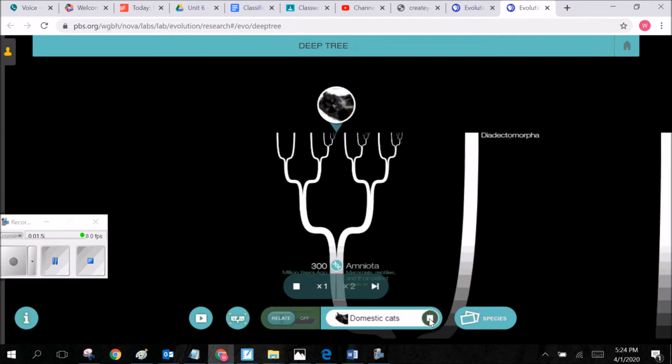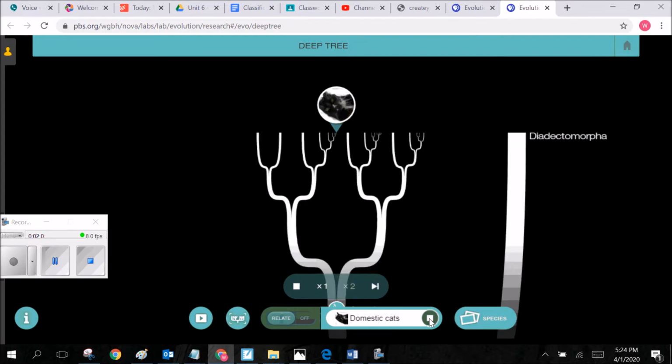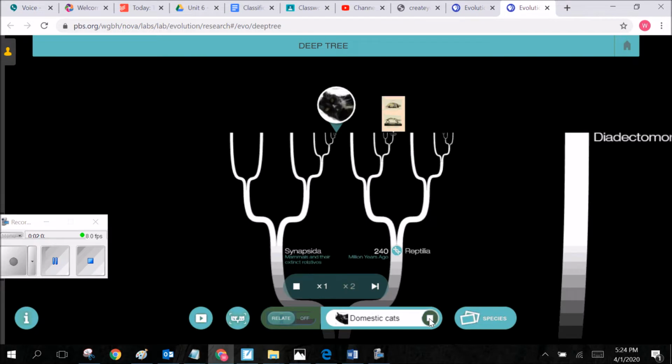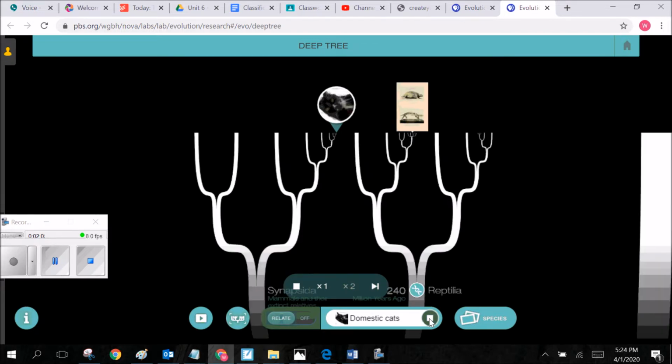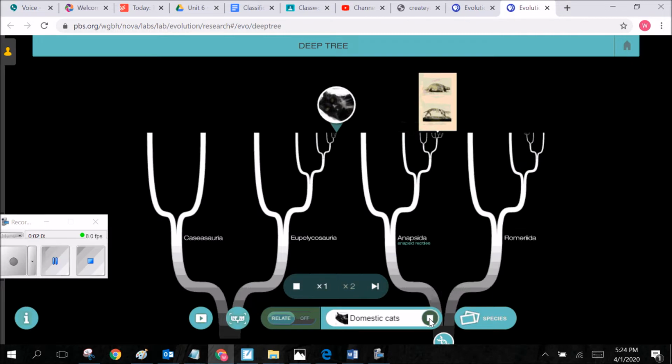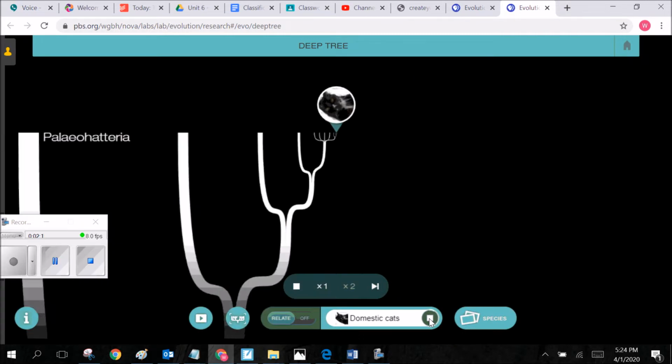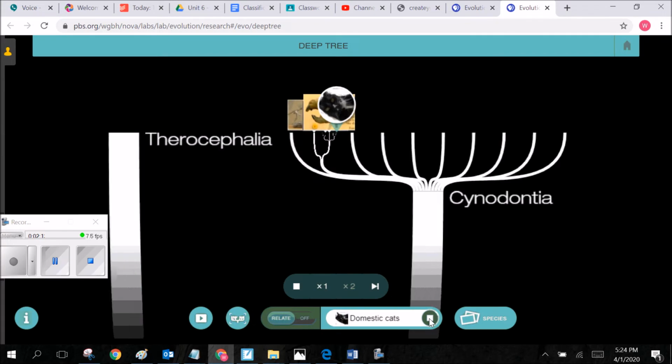But hopefully what you're able to see here is just the incredible size of the tree of life, the sheer number of species that are related to each other and interrelated in all of these cladograms, these branches of life.